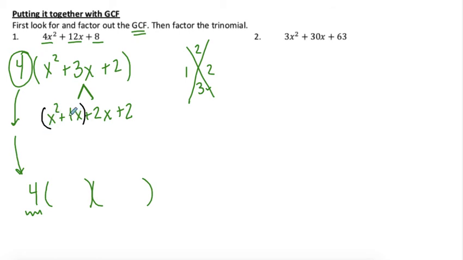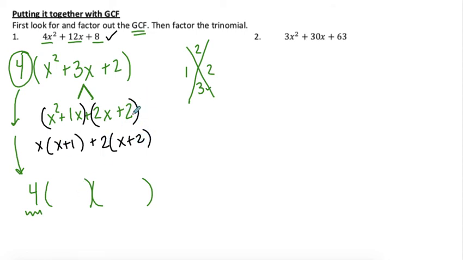Now when I pull out x on these, okay, and then I have my plus, and 2x and 2 have a 2 in common. Notice that the 4 is already ready to go down here. It's part of my answer because that's how I get back to the original, but it's not part of my grouping here.